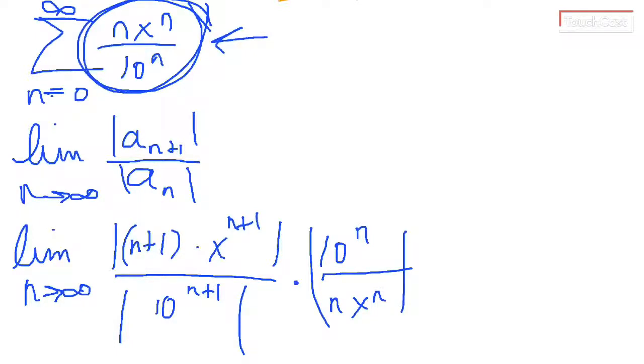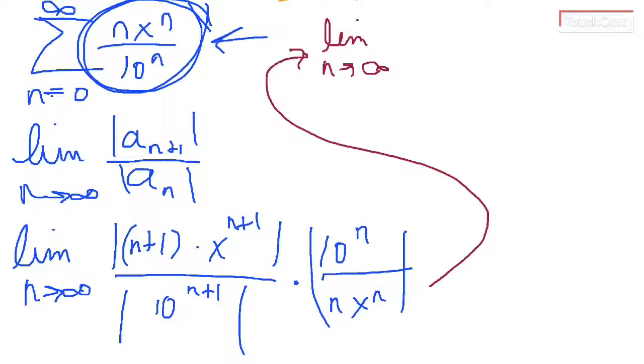All right, so I'm going to jump up here, and I'm going to notice some things that cancel. Let me consider the 10 to the n's. If I have 10 to the nth divided by 10 to the n plus 1, think about what that really means. That's like 10 to the 100th divided by 10 to the 101st.